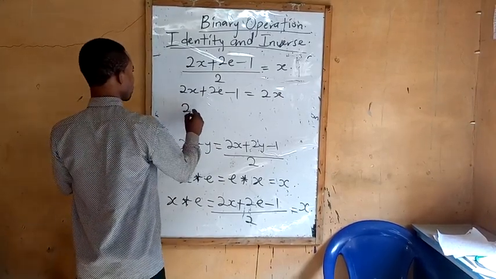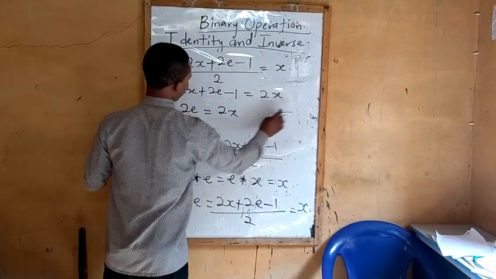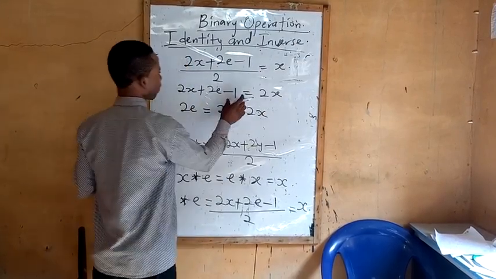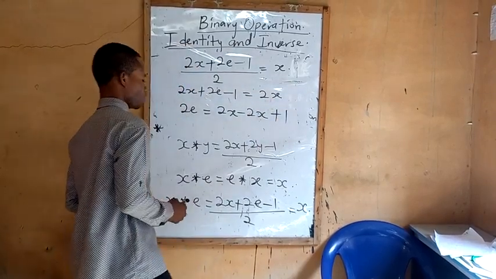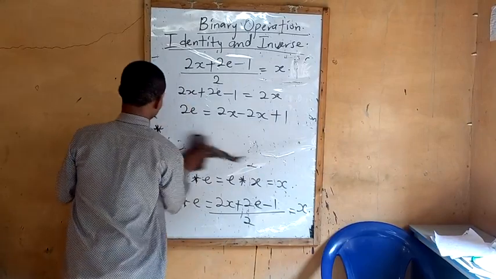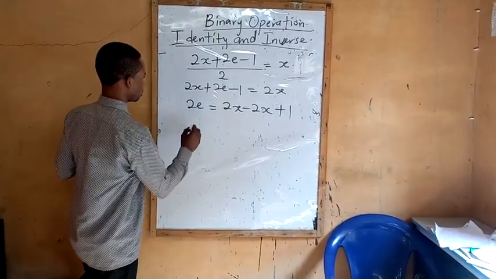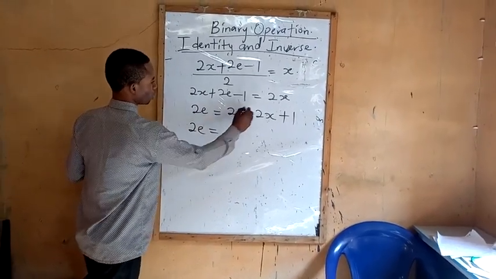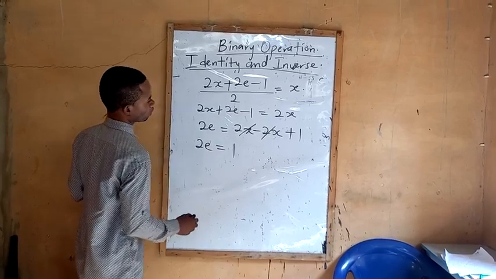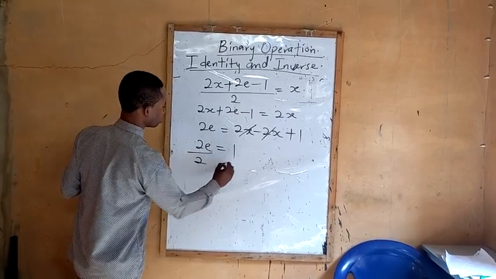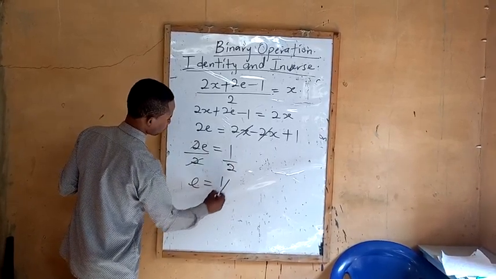That means 2E equals 2x; bringing 2x to the other side it becomes minus 2x, and bringing minus 1 to the other side it becomes plus 1. So 2E equals, plus 2x cancels minus 2x, 1. I divide both sides by 2, so my identity equals 1 over 2.